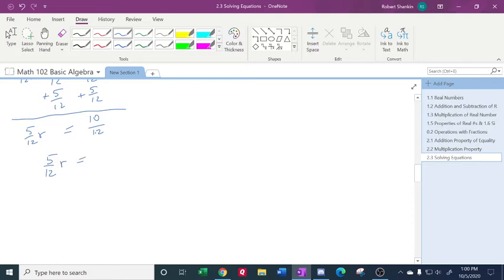So 5/12 r is equal to, well, let me go ahead and reduce it. Divide top by 2 and the bottom by 2. There's 5, 6. Alright, let me give you just a little tiny bit more time.